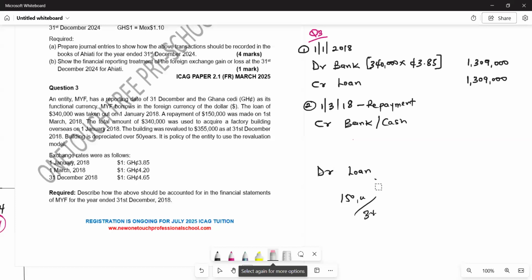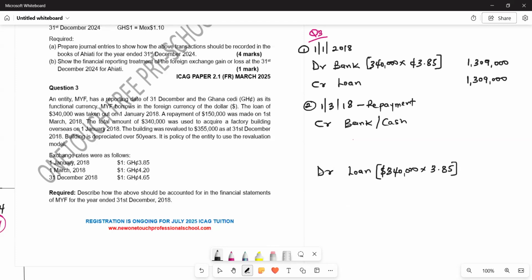But let me ignore that approach. For the loan, assuming there was no movement in the rate, we would have paid the $150,000 at a rate of 3.85.